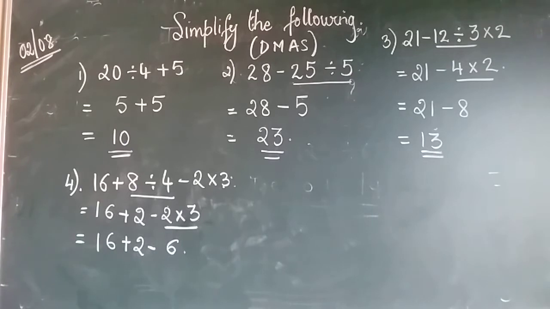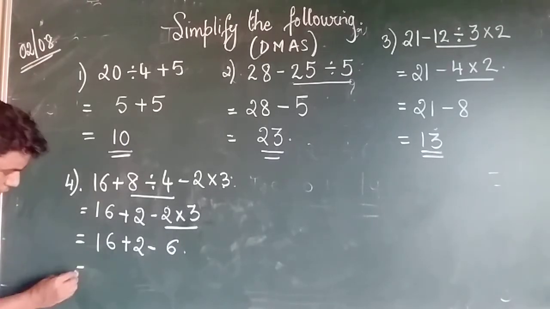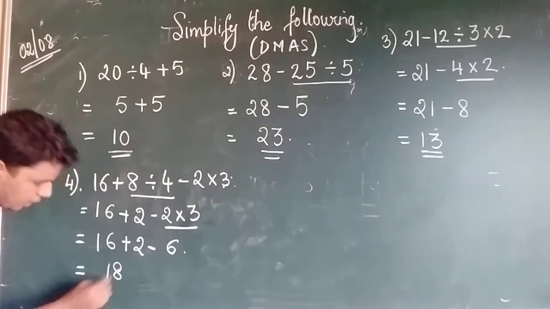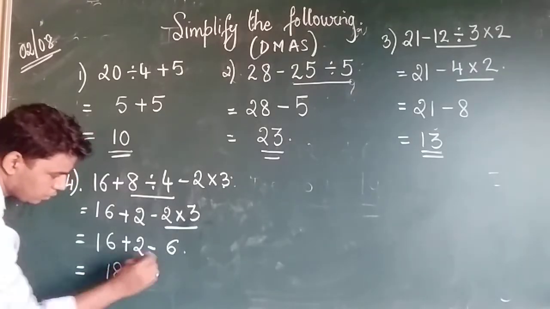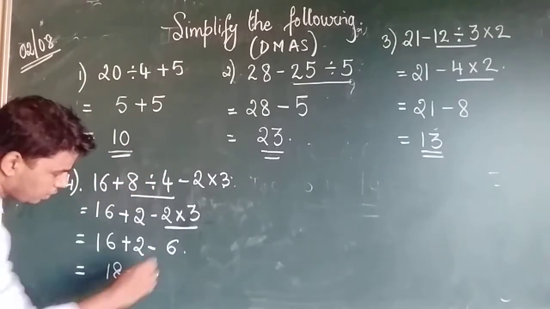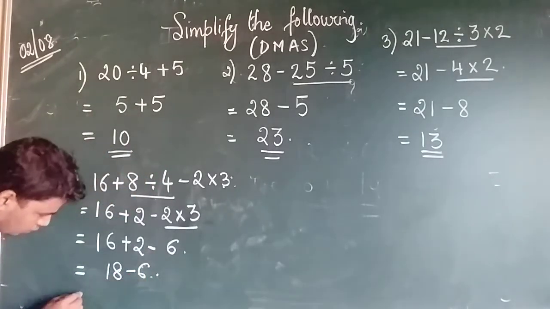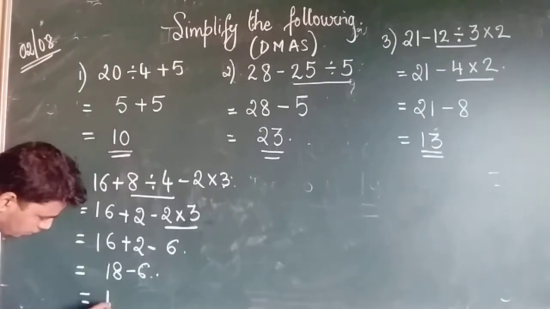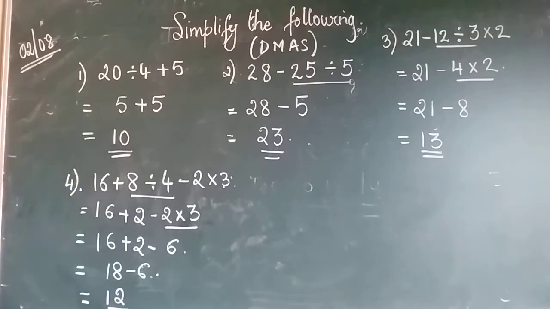Now let's do the addition. 16 plus 2 is 18, minus 6. So 18 minus 6 will give you 12. This is your final answer.